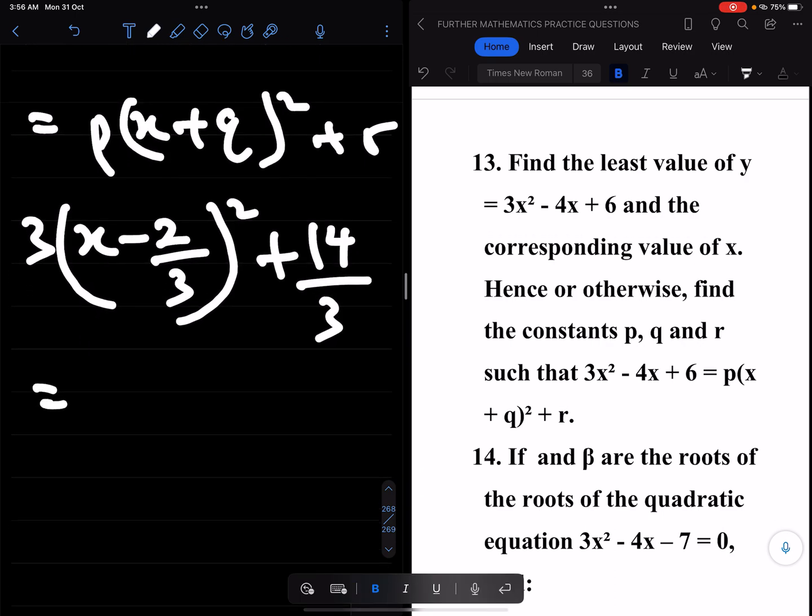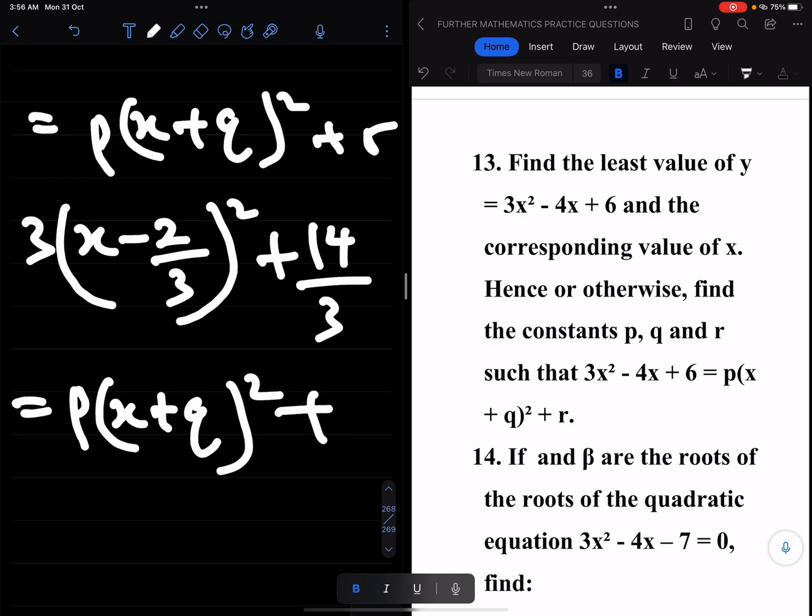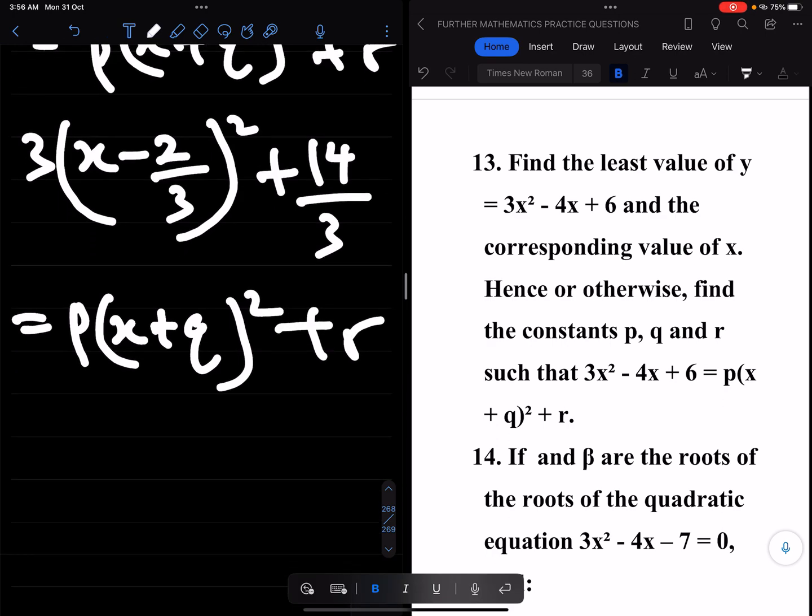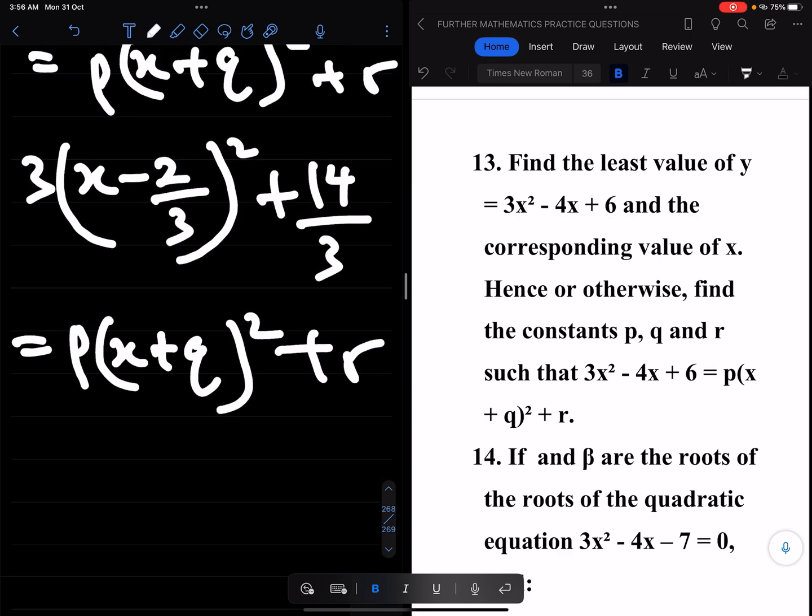So 3x squared minus 4x plus 6 is the same as that, and that's equal to p into bracket x plus q all squared plus r.